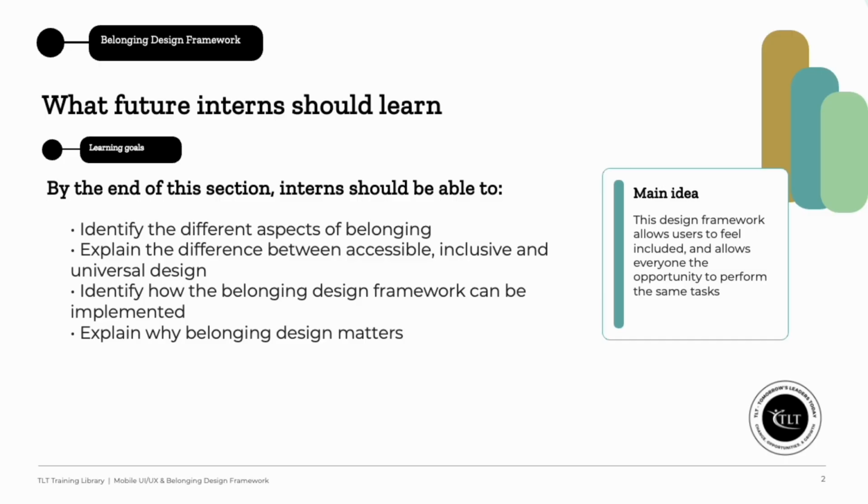You should be able to explain the difference between accessible, inclusive, and universal design. You should be able to identify how belonging design framework can be implemented and explain why belonging design matters. And the main idea is that this framework allows users to feel included and provides everyone the same opportunities.